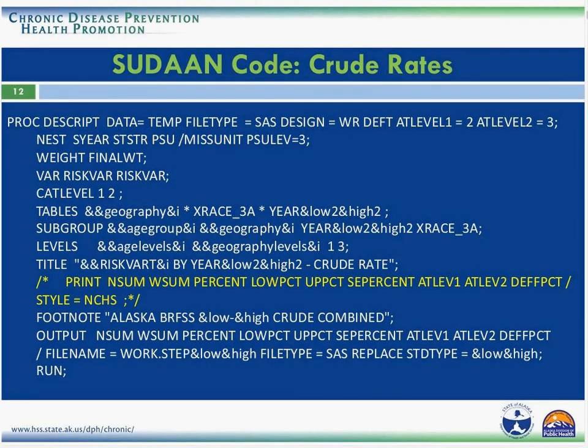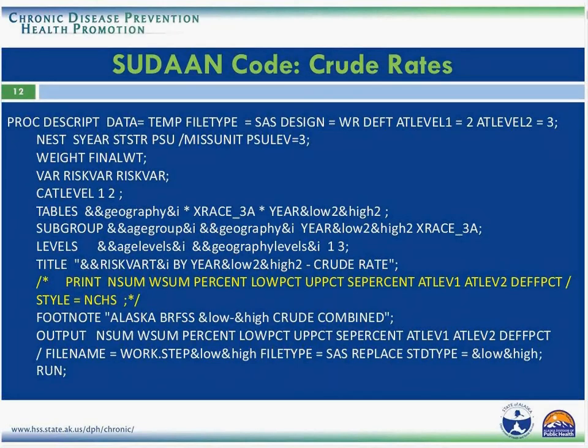So the actual analysis here occurs within SUDAAN. Here we're using the PROC CROSSTAB script, and in this particular case we have hard-coded a variable called final weight. We've previously defined our variable of interest into 2 categories, and we're doing an analysis based upon geography.